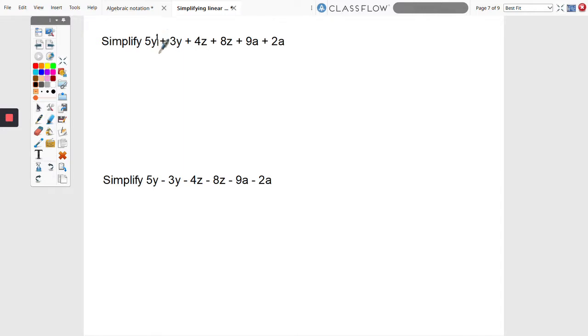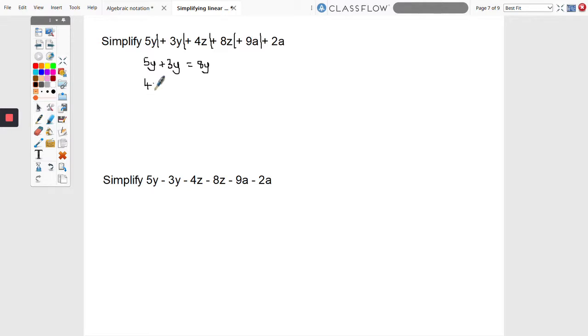Now we have 5y, add 3y, add 4z, add 8z, add 9a, add 2a. So let's begin with 5y, add 3y, which will give me 8y.